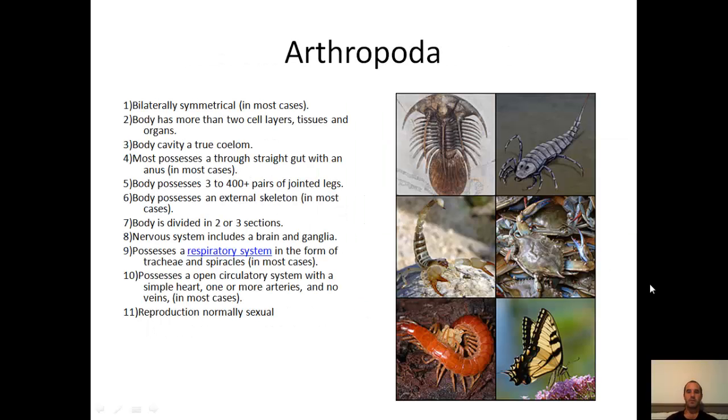Next group is arthropods, so bilaterally symmetrical again. This is your insects, crustaceans, and spiders. They have jointed legs and a body divided into sections.